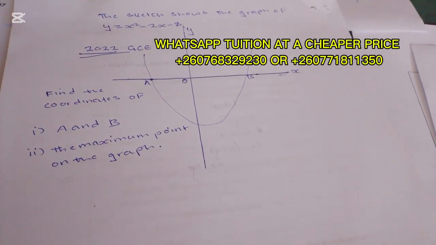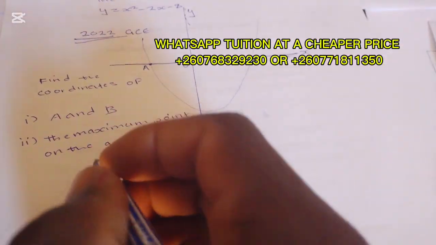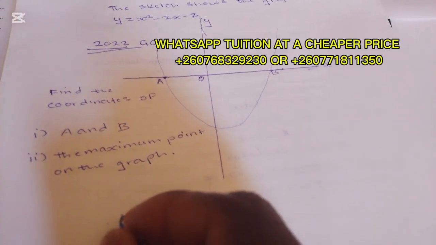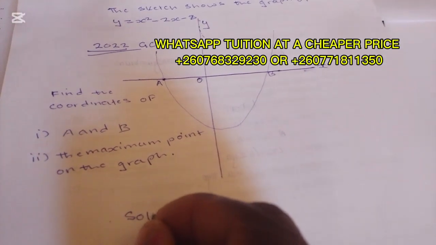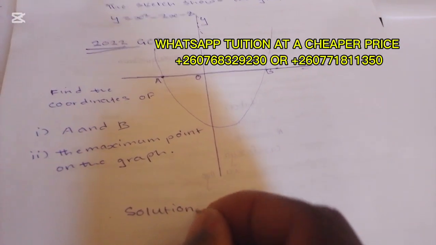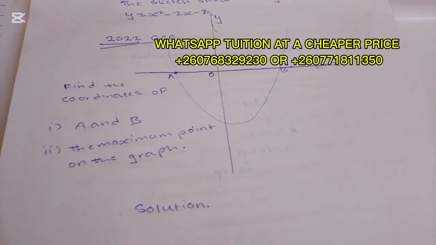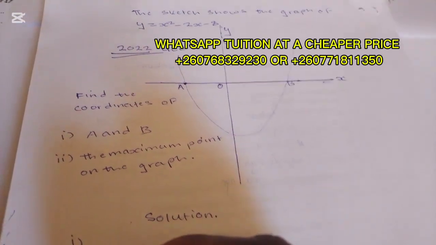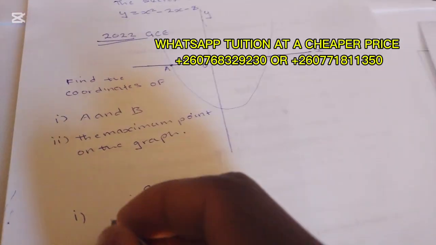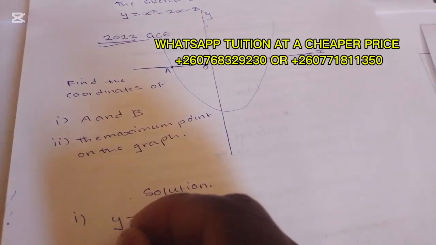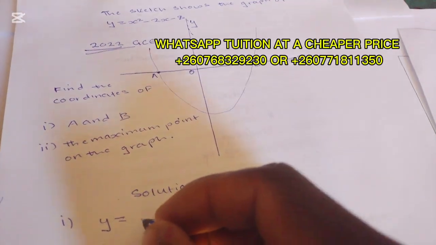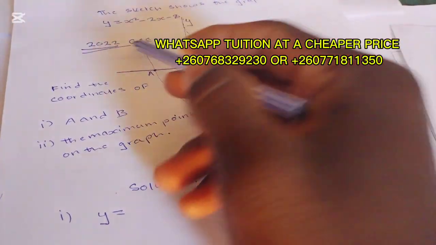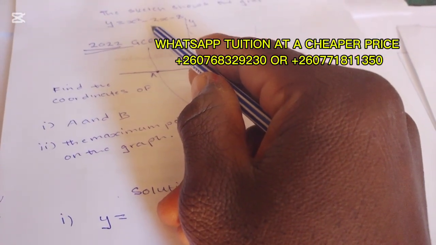So we have been given the equation, so I'll write the solution here. Solution, we are finding solution A. We have been given the equation y is equal to this equation here.